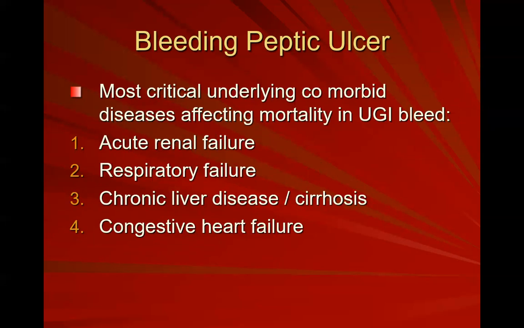So as we said about these comorbidities, so acute renal failure, respiratory failure, especially if it was associated with heart failure, chronic liver disease and cirrhosis, because they would cause abnormal liver profile and coagulation profile as well, and congestive heart failure.